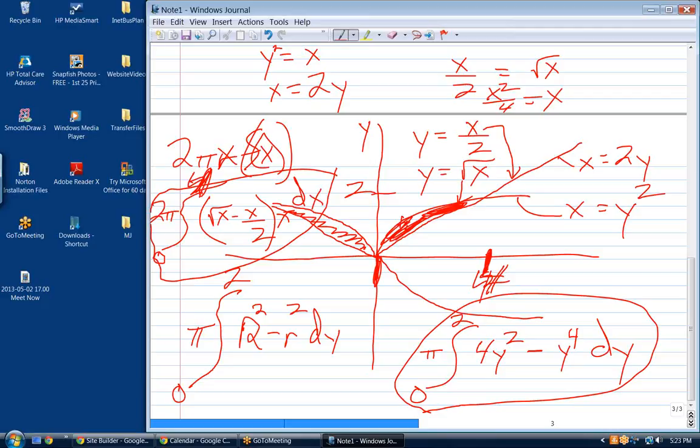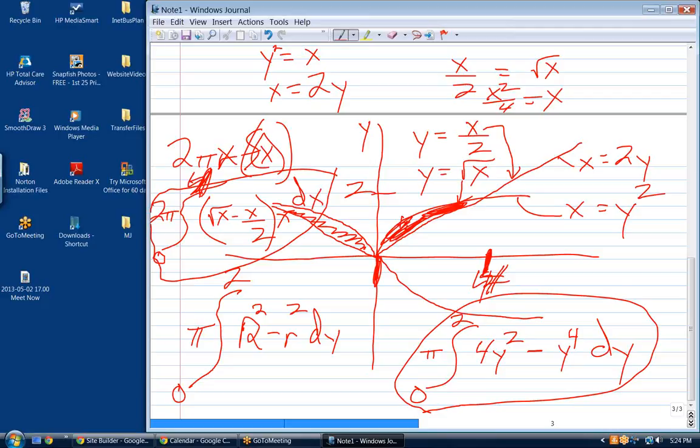Cylindrical shells are taught differently in different books. I've got a couple of calculus books that teach it a bit differently. One actually tries to get you to imagine the shell, and the other merely tries to get you to imagine a rectangular region that's going to rotate 360 degrees about that axis.